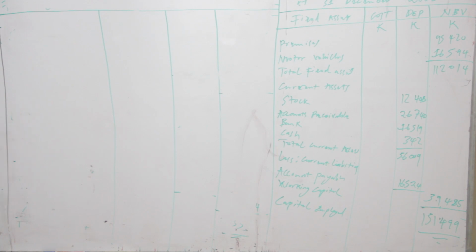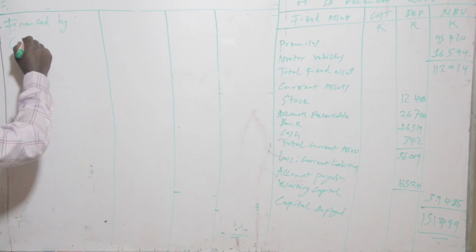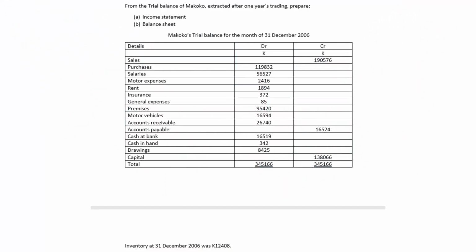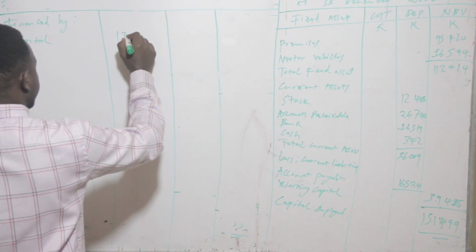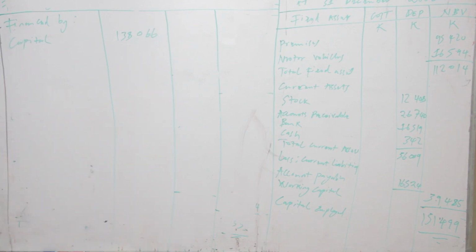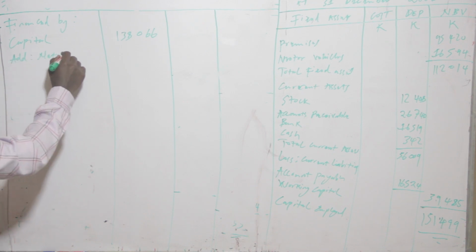So we can continue this side and we can say financed by capital. So what amount of capital are we having in the question? The amount of capital is 138,066. Then we can say add net profit.